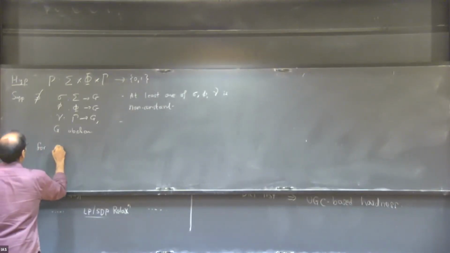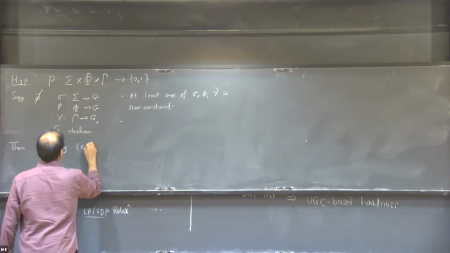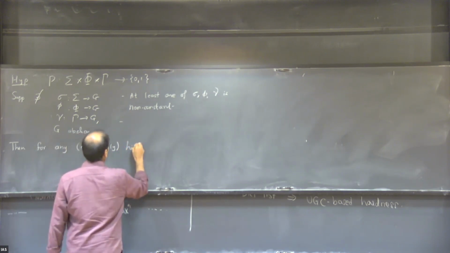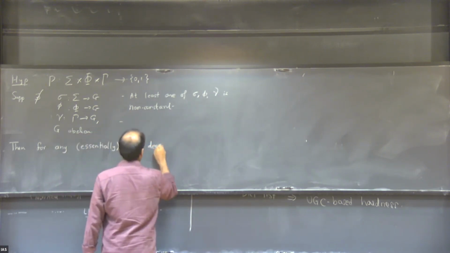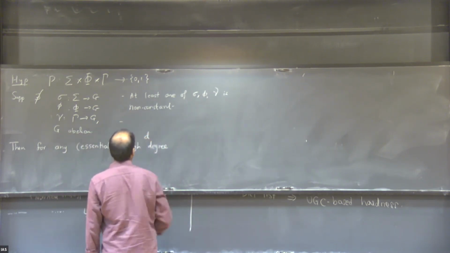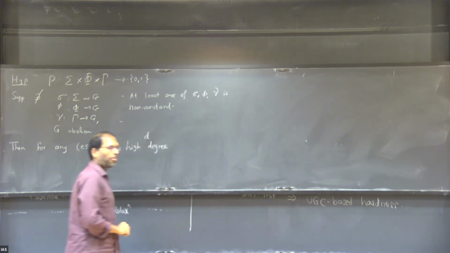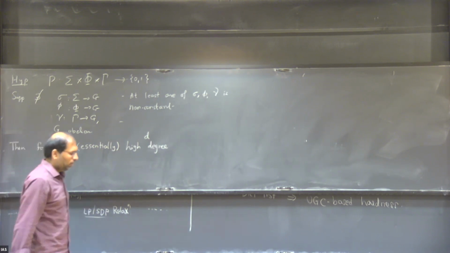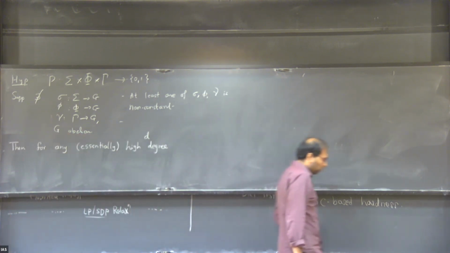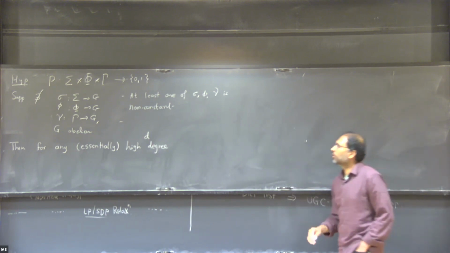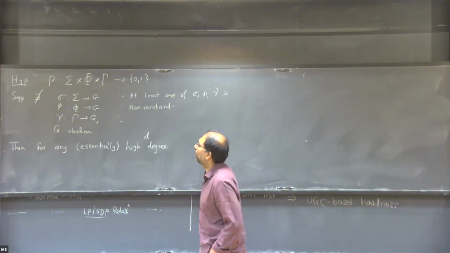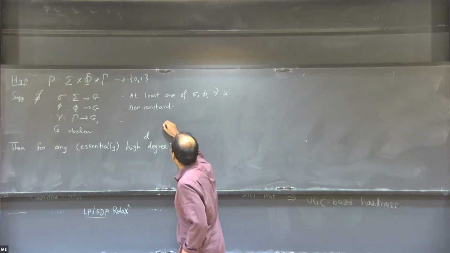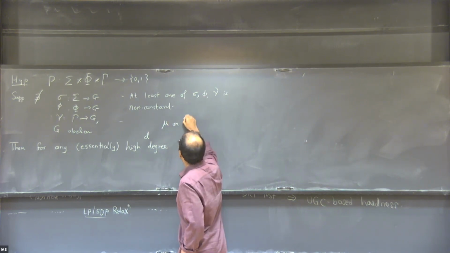for any essentially high degree functions, let's say the degree parameter is here, in this monomial representation. Yeah, so you're assuming the characters of the group. No, you have to be a little more precise, because there is a distribution mu on the set of satisfying assignments.